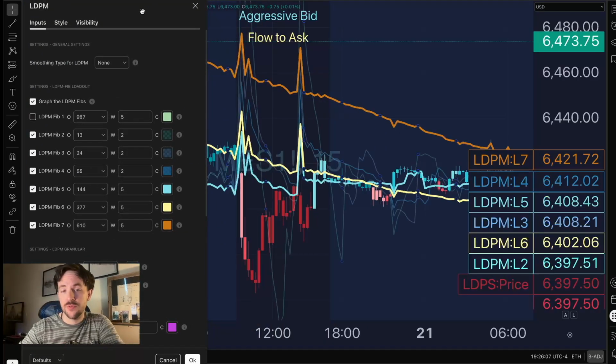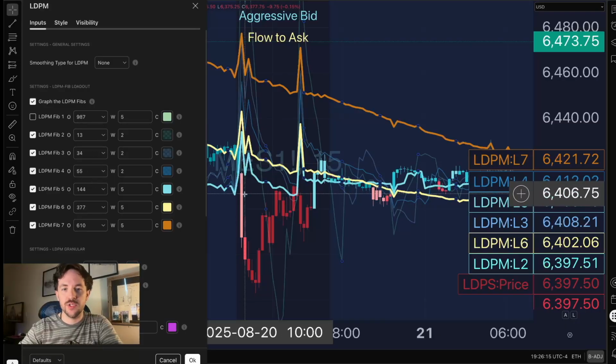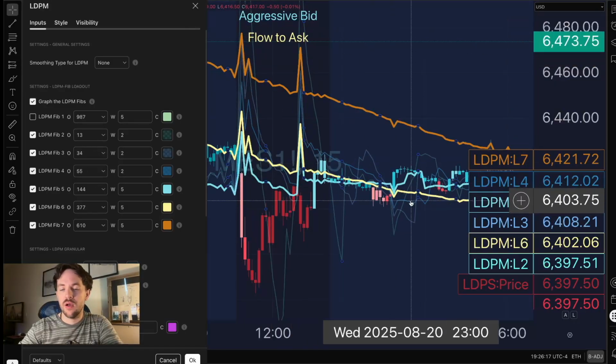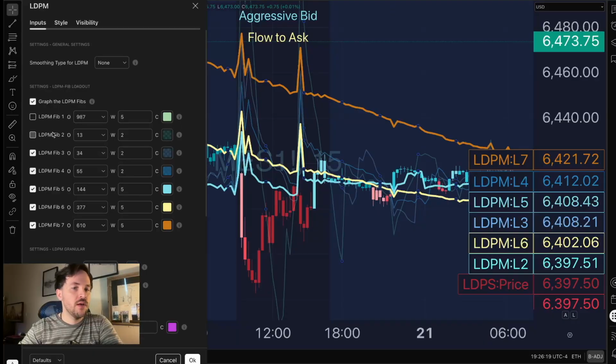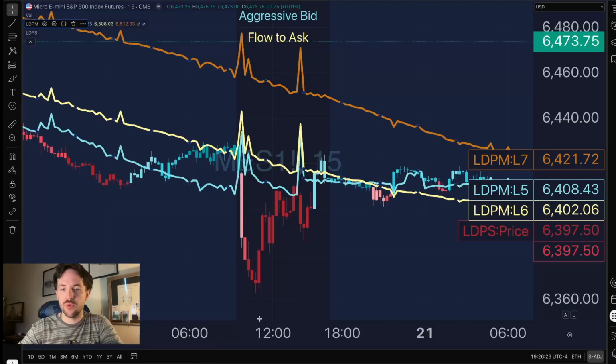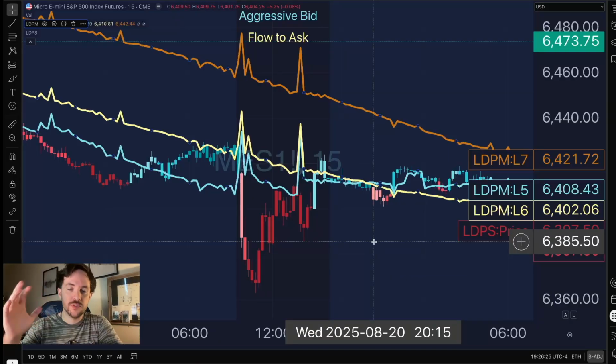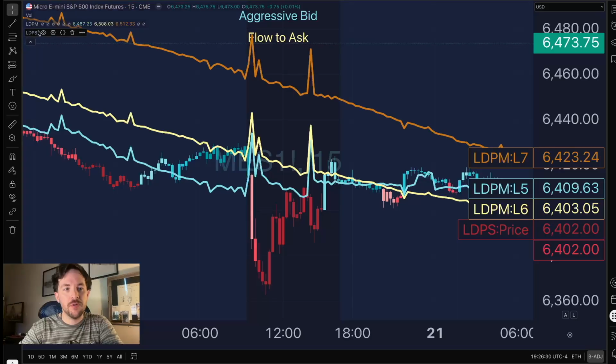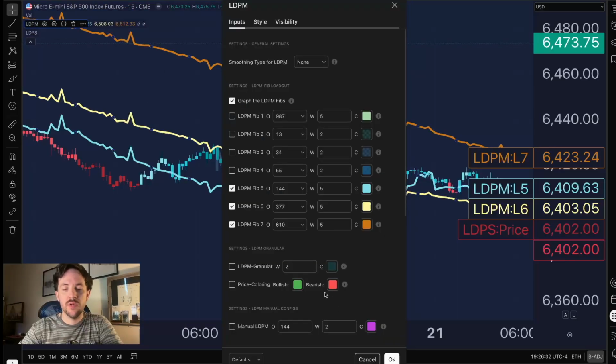I know quite a few LDPM users who are kind of the inverse of me, and they really enjoy the more reactionary LDPMs. And that does have its benefits. We'll talk in later videos about some of the patterns you can note with those more reactive, smaller order LDPMs. But for today, we're going to keep LDPM in my personal default state, so 144, 377, and 610.